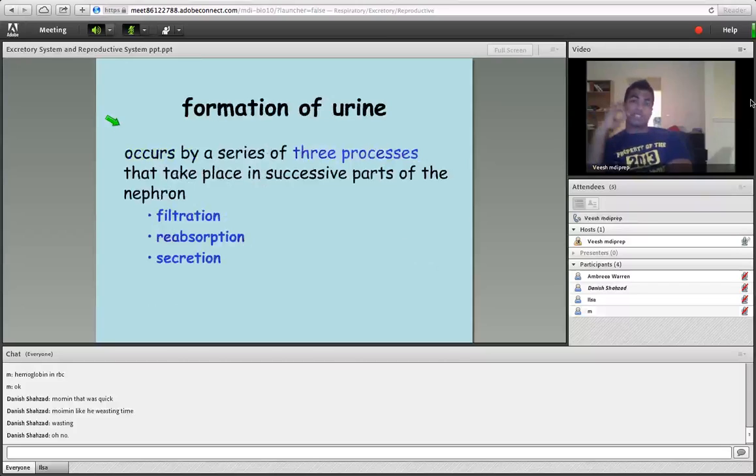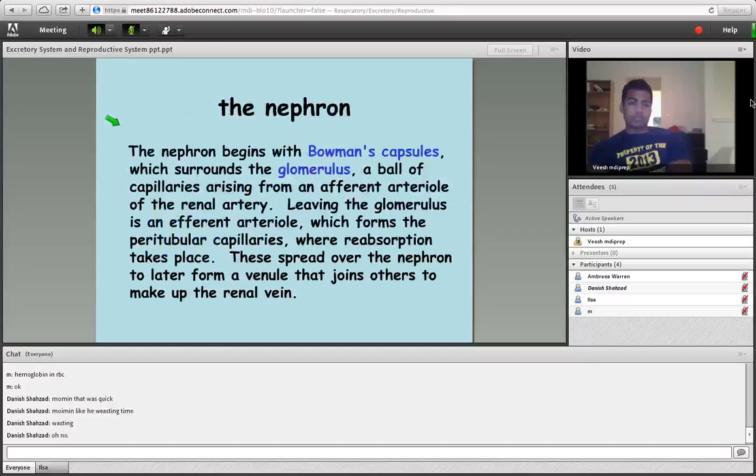Okay, so there's three major processes that are there in order to excrete all this stuff, and this occurs in the nephron: filtration, reabsorption, and secretion. So like I said, the nephron, let's see if I can find a picture. Okay.